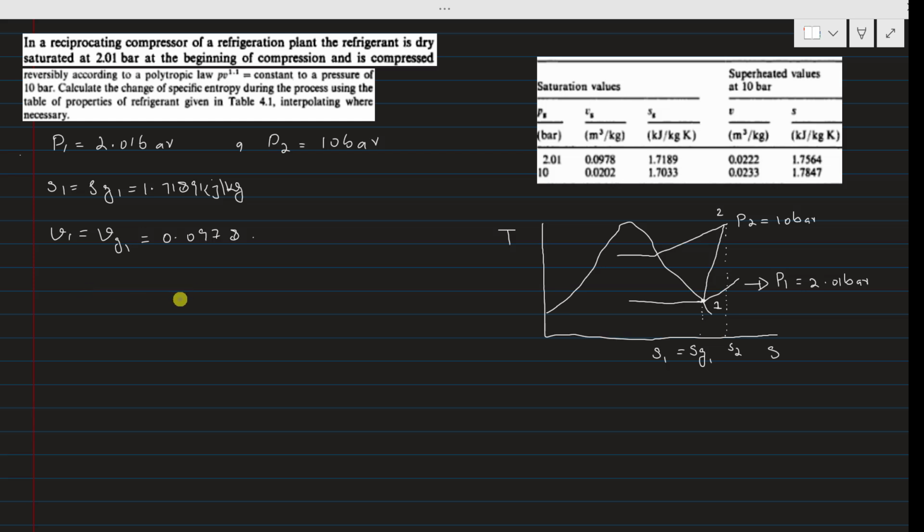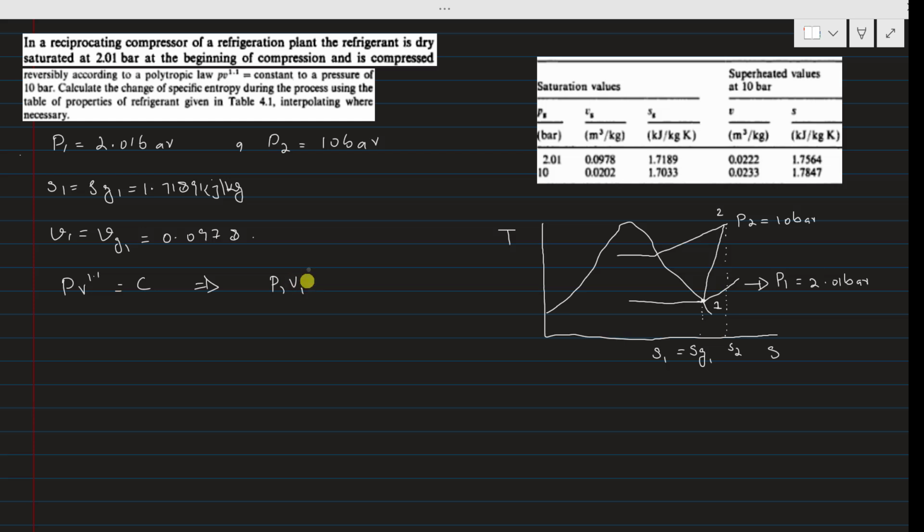Before coming to the state point 2, we must know two independent properties in order to find the other thermodynamic properties. For the pressure P2, one independent property is known, that is 10 bar. The next independent property, the specific volume V2, we can easily calculate from the formula PV^1.1 = constant.